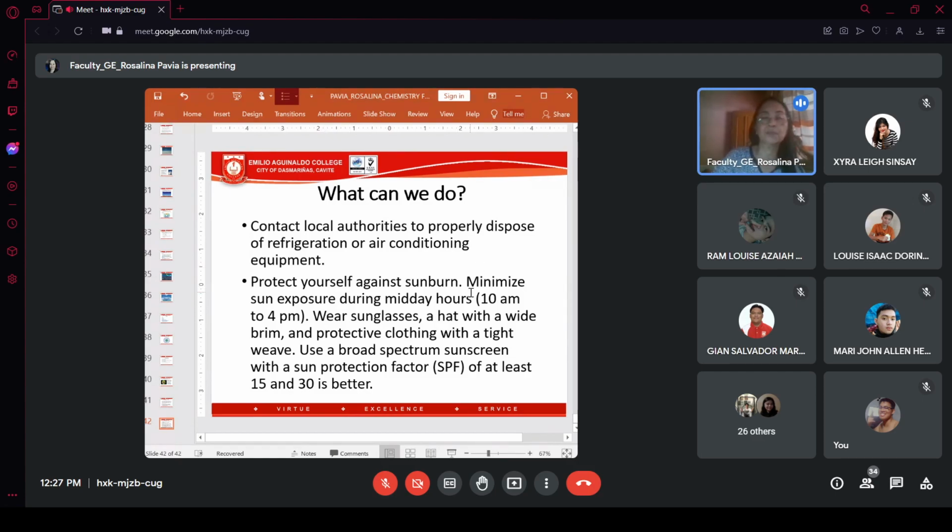Protect yourself against sunburn. Minimize sun exposure during midday hours between 10 a.m. to 4 p.m. Ito yung time na nag-e-emit ng harmful UV rays ang sun, 10 a.m. to 4 p.m. Now, wear sunglasses, a hat with a wide brim, and protective clothing with a tight weave, especially those who are working in broad sunlight.